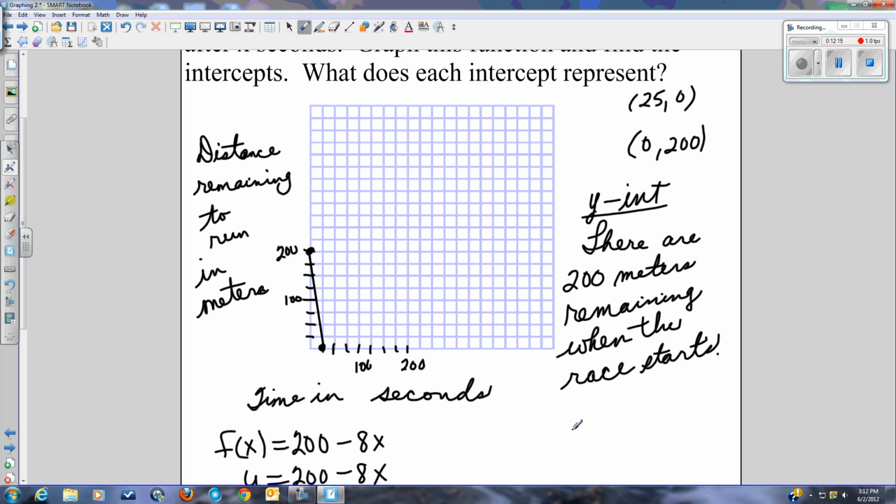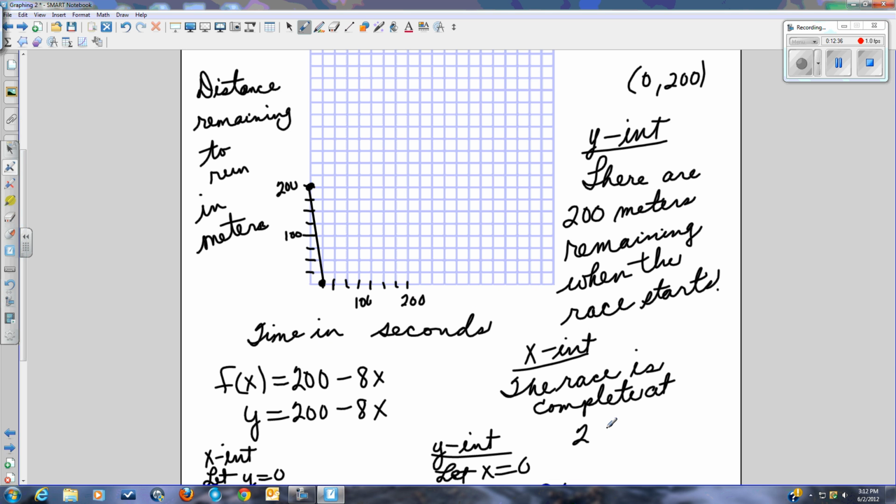So in other words, at 25 seconds in, you have finished the race. So we'll say the race is complete at 25 seconds. So that's how we interpret the x and the y-intercept.